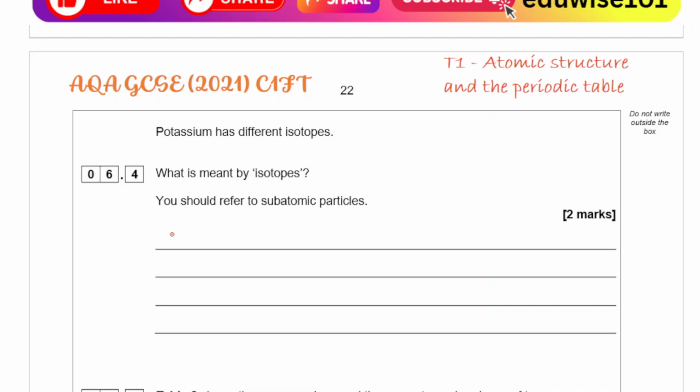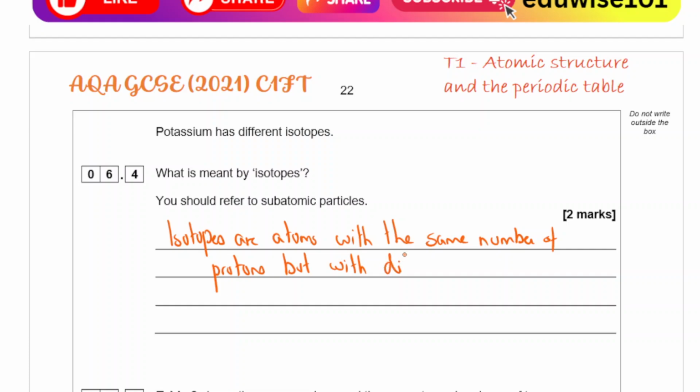Isotopes are atoms with the same number of protons but with different number of neutrons.